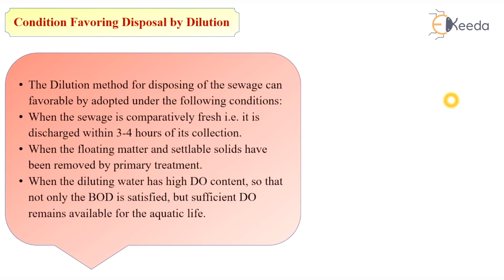When the diluting water has high dissolved oxygen content, so that not only is the BOD or biochemical oxygen demand satisfied, but sufficient dissolved oxygen remains available for the aquatic life. So again, the discharging of untreated or treated sewage depends on the presence of dissolved oxygen quantity.